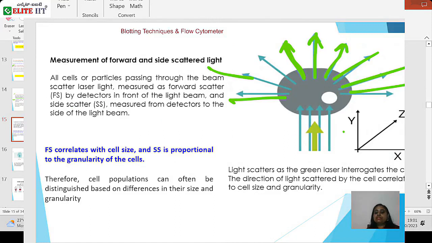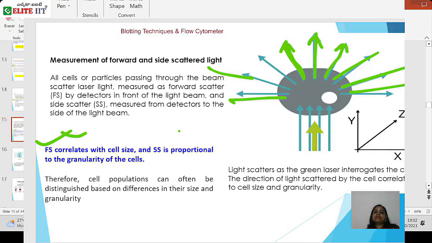Now you can plot it, y versus x. If you measure side scattering on the x-axis, you can plot forward scattering on the y-axis. FS correlates with cell size, and SS is proportional to granularity. The same thing is written several times. In this way, for one particle you will find one peak, one dot result.